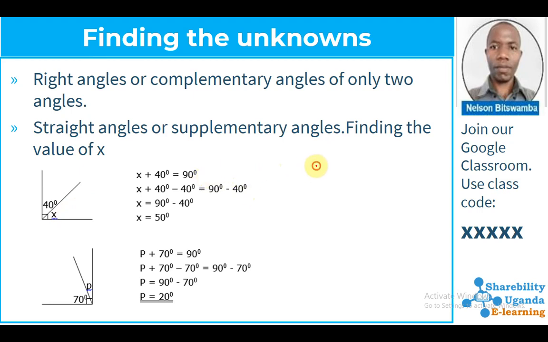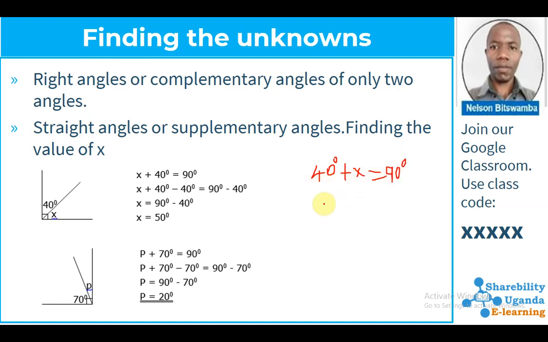The angle which is given was 40 degrees, plus the unknown angle which has been given the value of x, shall be equal to 90 degrees. Why 90? Because it is a right angle, which starts from 0 to 90 degrees.